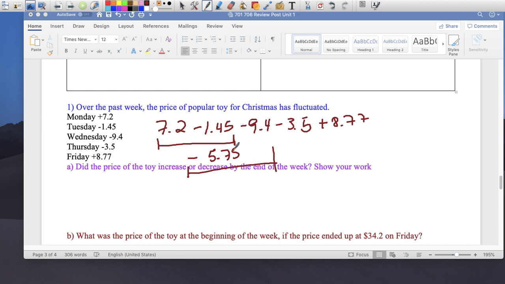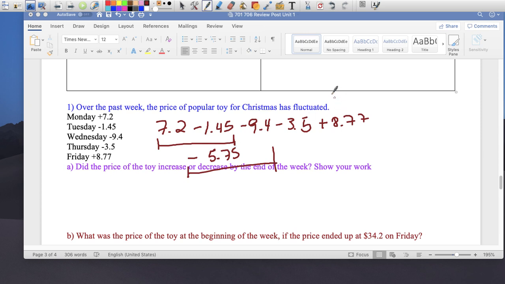And then I'm going to take these and do it from here. I'm just going to do the whole thing: 7.2 minus 1.45 minus 9.4 minus 3.5 plus 8.77.